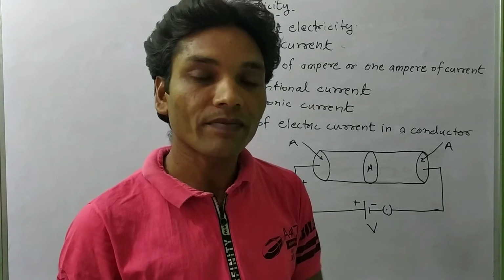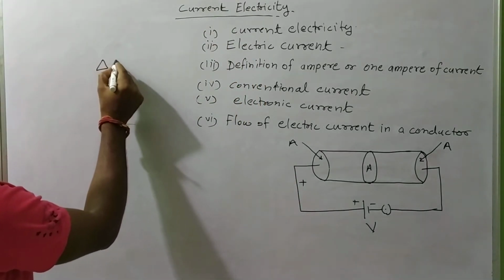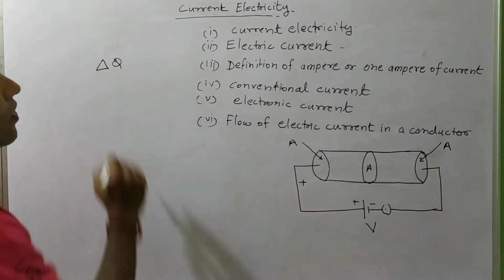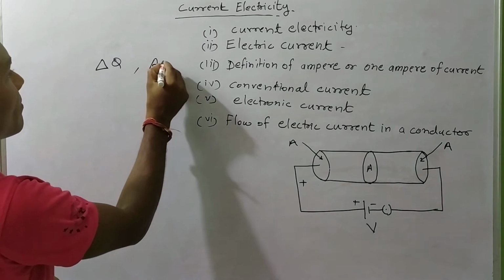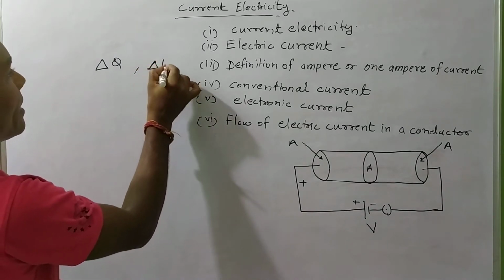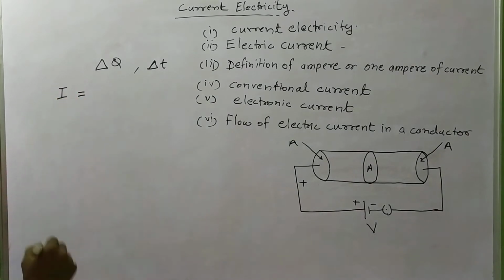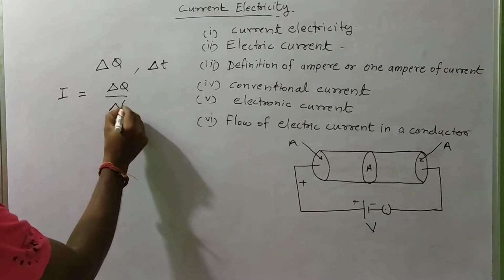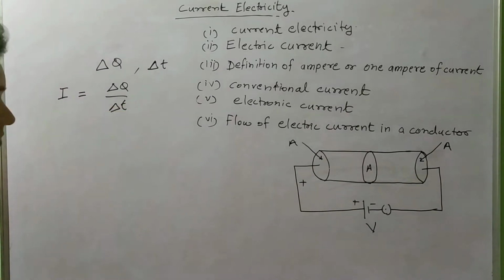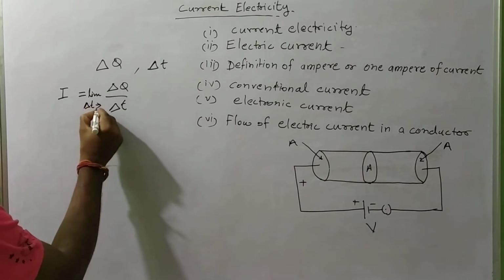Let a small amount of charge del Q flow through the conductor in time del T, then the current flowing through the conductor will be del Q upon del T, taking the limit del T tends to 0.